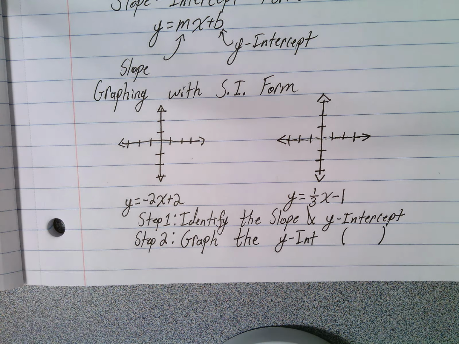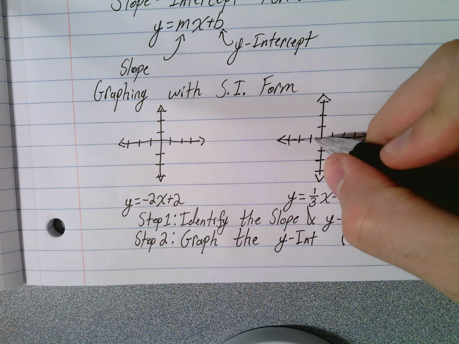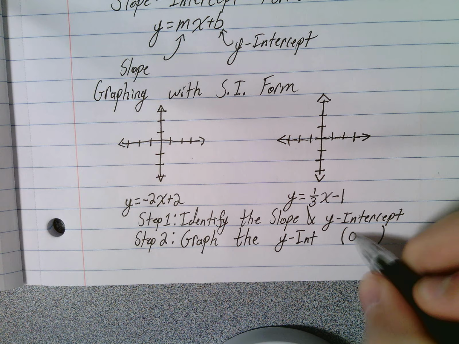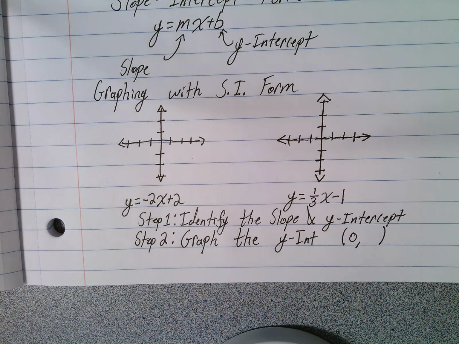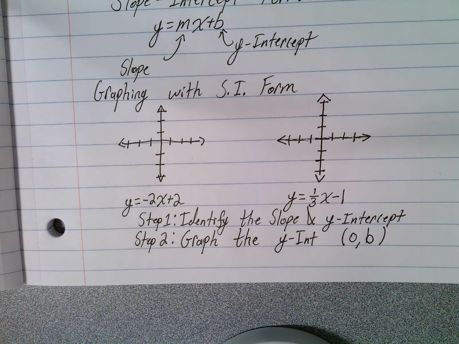And what we're going to do is call this point by what it is based on the equation. The x value at the y-intercept is always 0. And from the equation, the y-intercept was represented by which letter? B. So this will be 0, comma b.